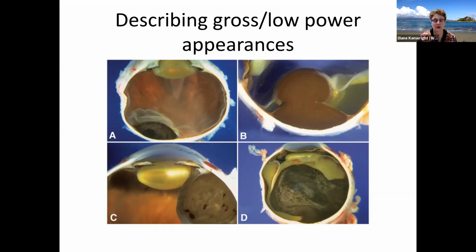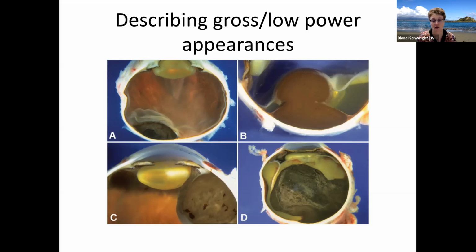When describing a surgical mass, you want to describe its position, its size, its shape, its color, and the structures upon which it impinges.